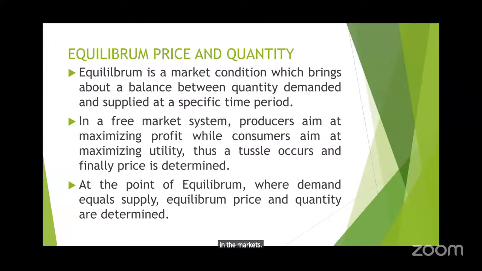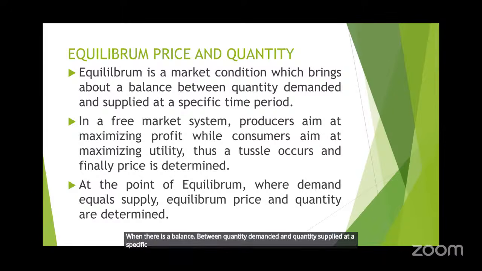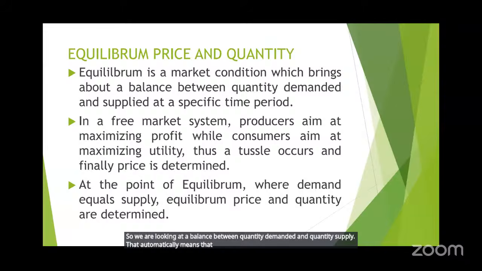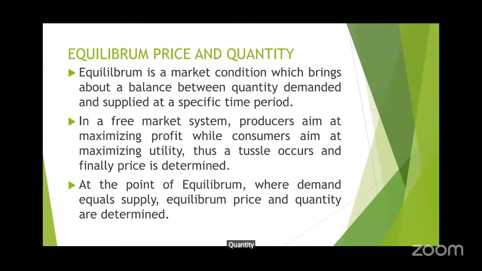Now, equilibrium is attained when there is a balance between quantity demanded and quantity supplied at a specific time period. That automatically means that at equilibrium, quantity demanded will be equal to quantity supplied.